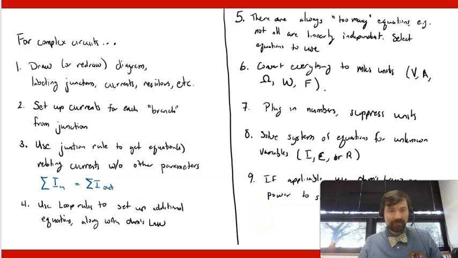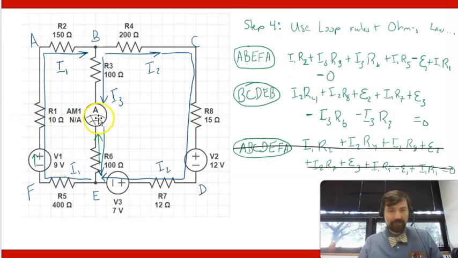So if the question is asking, instead of like how much current is in this ammeter, maybe it asks like what's the power draw of this resistor. So you'd go through, you'd solve for I2, and then you'd go back and use I squared R to get power. Or if you want the voltage drop across, say, like this resistor here, you've got I3, and so you'd multiply it by R to use Ohm's law and get that voltage drop.